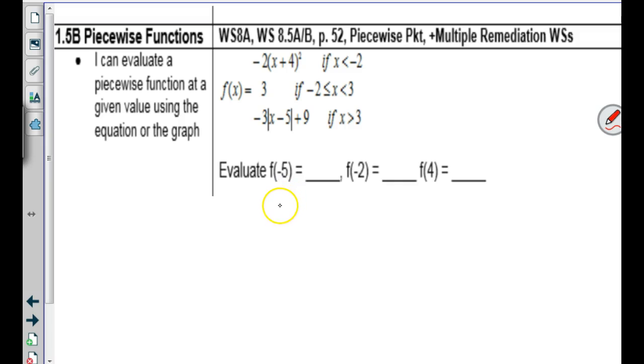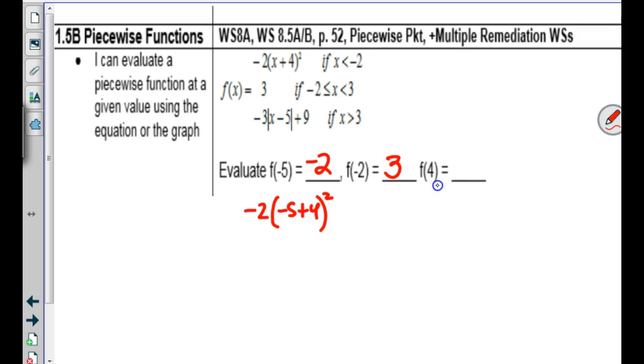Okay. Piecewise, this is just evaluate. So I'm going to go quick. If I put a -5 in, which rule am I following? The first one, because it's less than -2. -1 squared is 1, so we get -2, I think. If I put a -2 in, I'm following which rule? The second rule right here, so it just stays at 3.